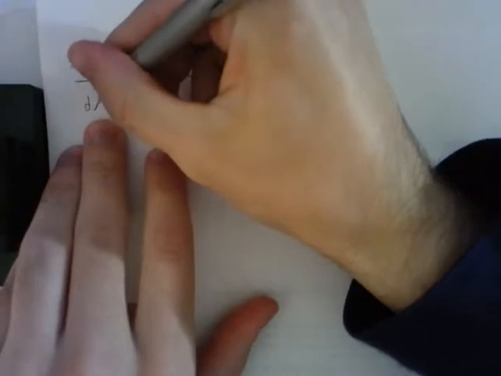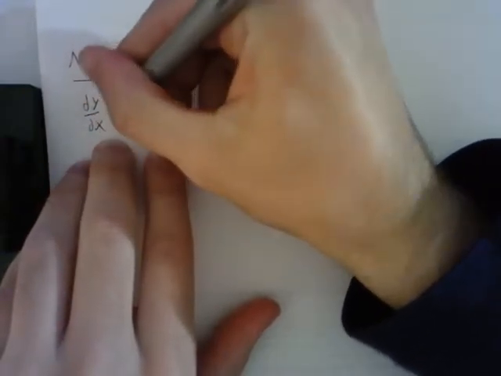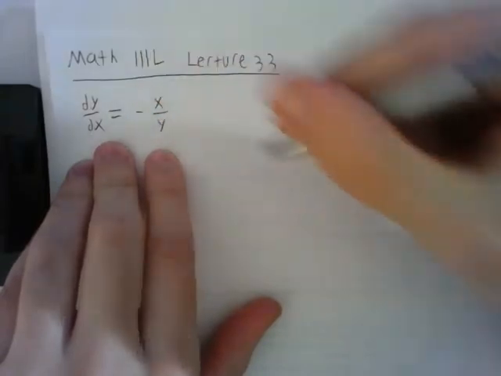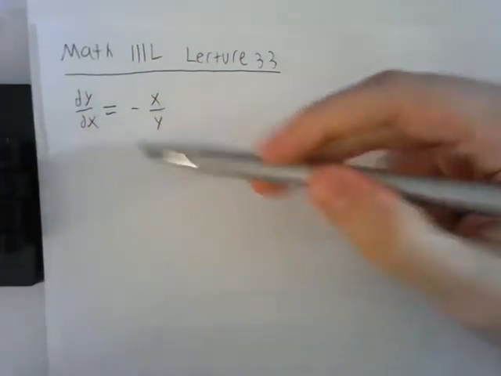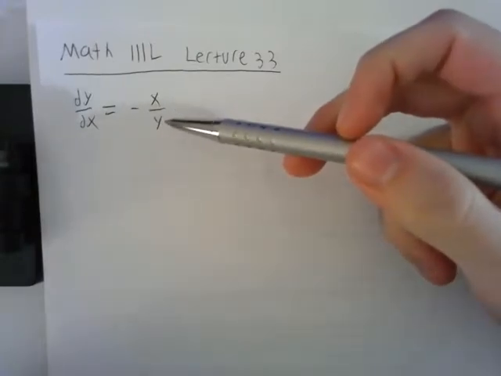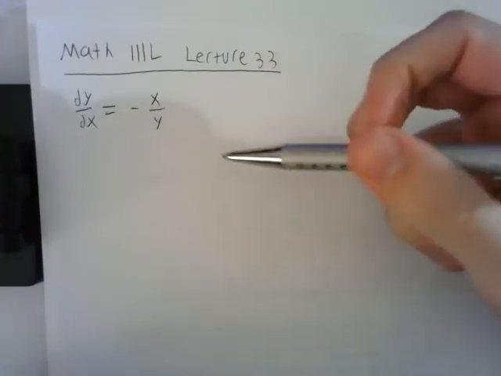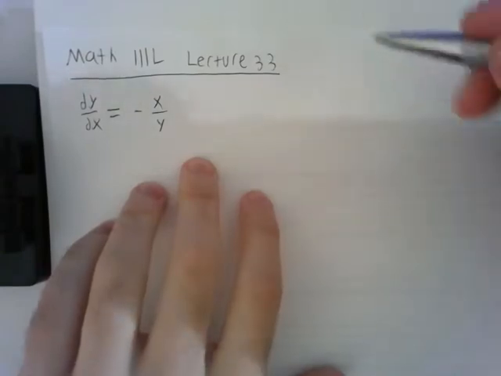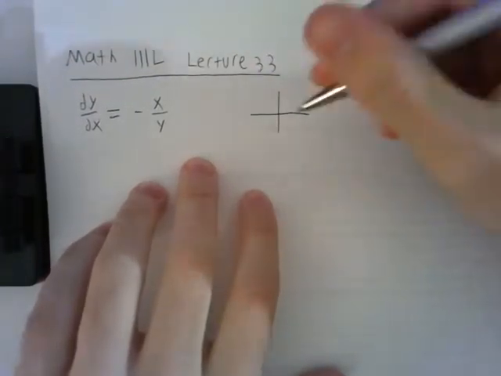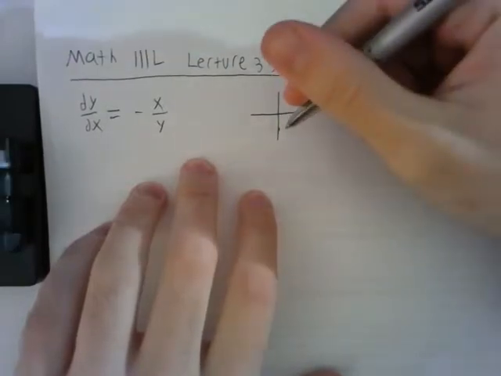So let's start by looking at the differential equation dy/dx equals negative x divided by y. This is not an equation we know how to solve using the methods we've covered thus far in class, but we do know how to visualize the solution using a slope field. This was actually one of your homework problems.